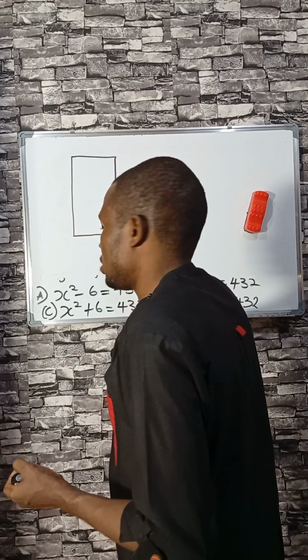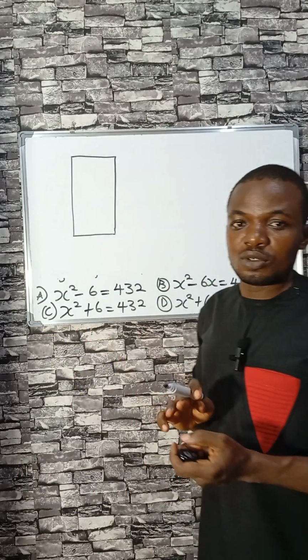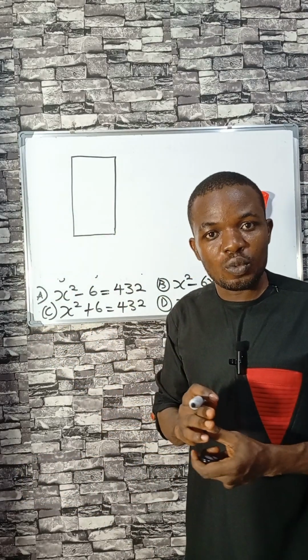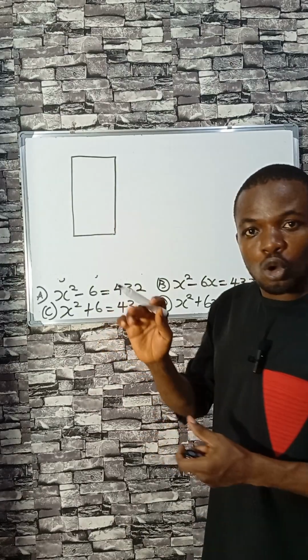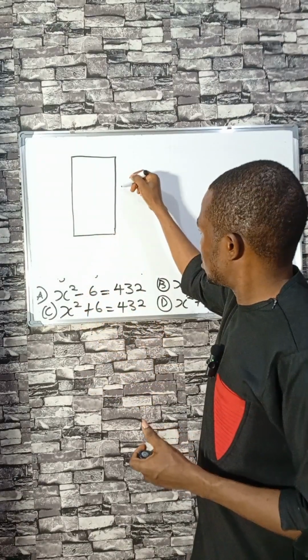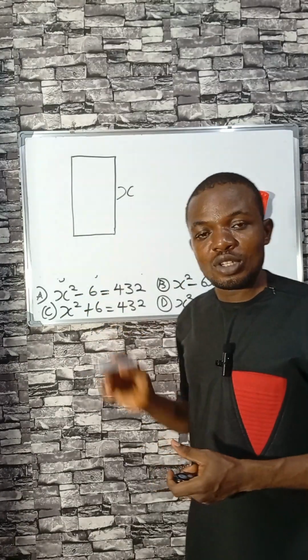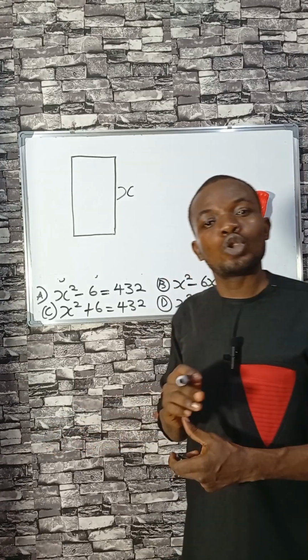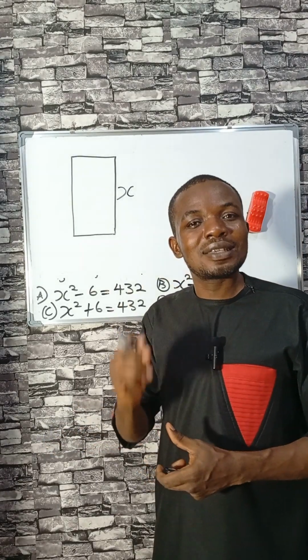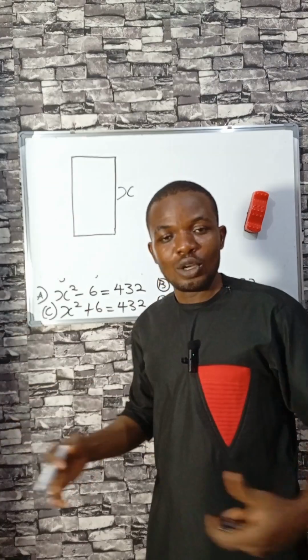Please note, this is where you may have a little challenge, or where you may have the answer wrong. We are told that the length is x and it's measured in inches. Then we are also told that the length is 6 inches longer than the width.